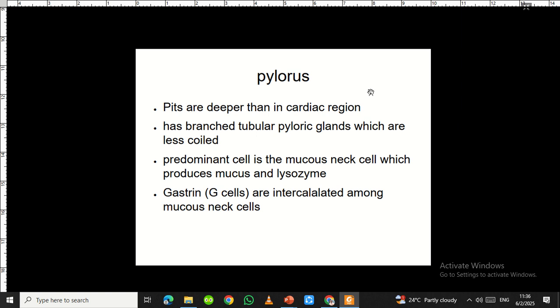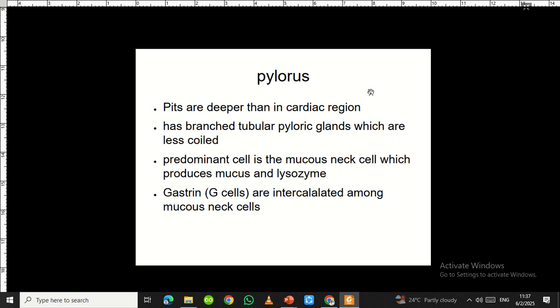So let's also look at the pylorus, the pyloric part. The pylorus has deeper glands than the cardia.